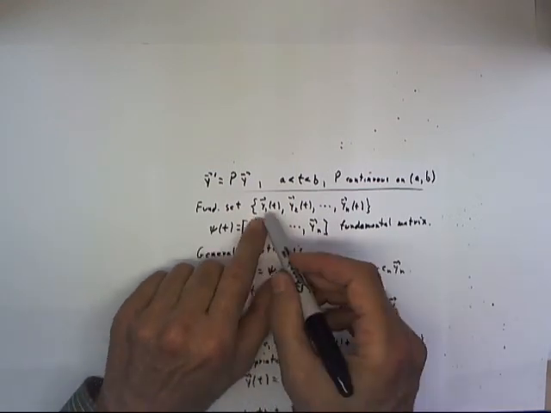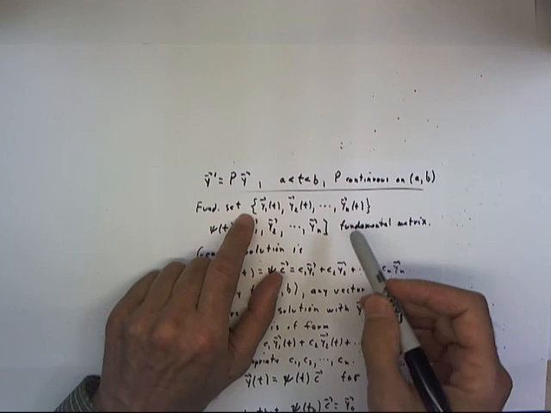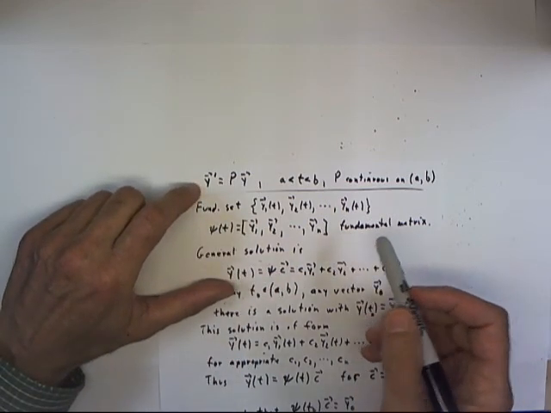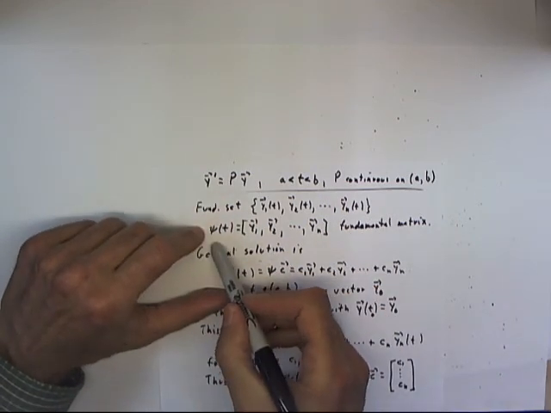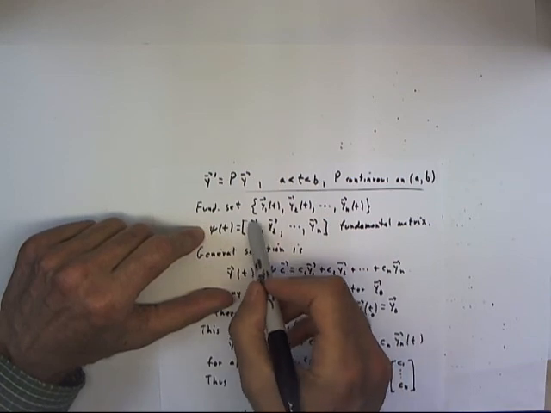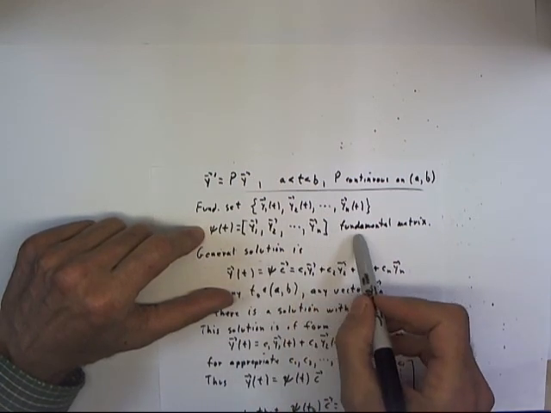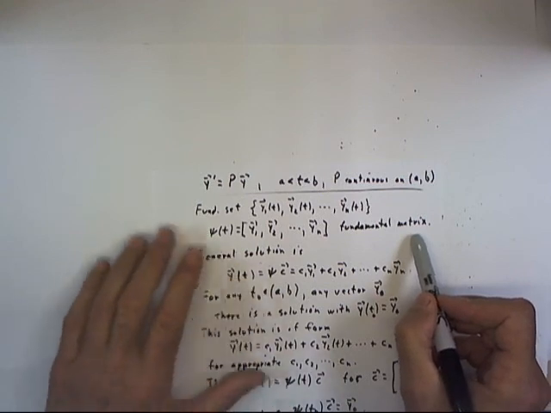Now let's let y1 through yn be a fundamental set of solutions, so that psi of t, the matrix consisting of the columns y1, y2 through yn, is a fundamental matrix.